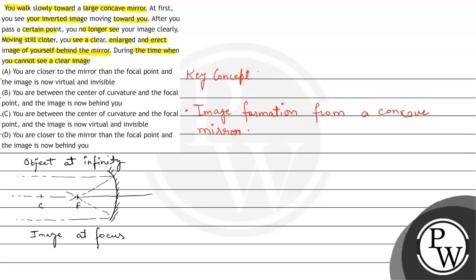Next case, let's suppose we have our concave mirror here. This is our principal axis, and now the object is placed somewhere beyond C but less than infinity. So the object is, let's suppose, here.